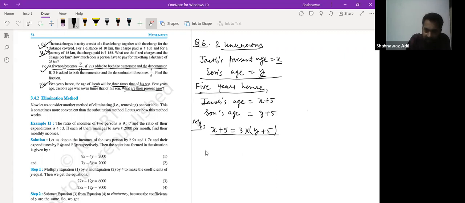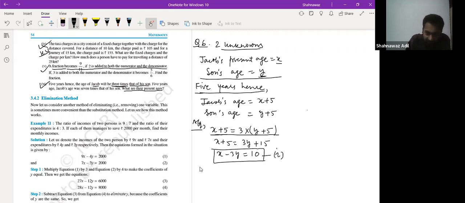Understood? So X plus 5 is 3 times Y plus 5. So X plus 5 is 3Y plus 15, right? So X minus 3Y is 10. Right, this is the first equation.